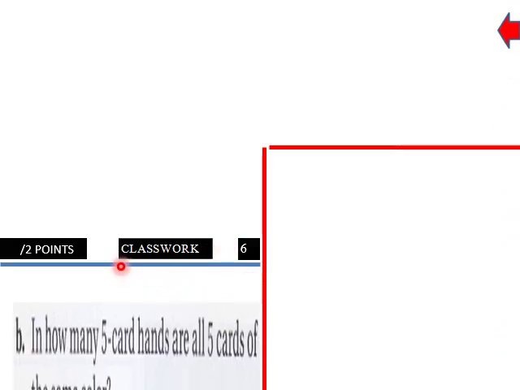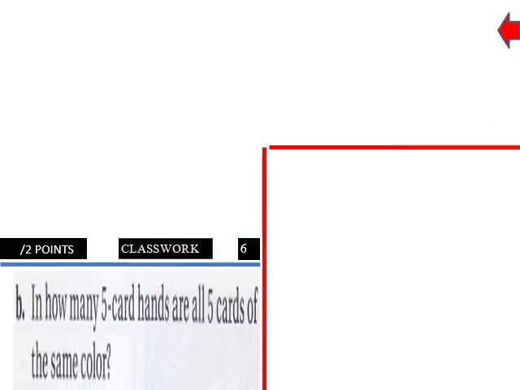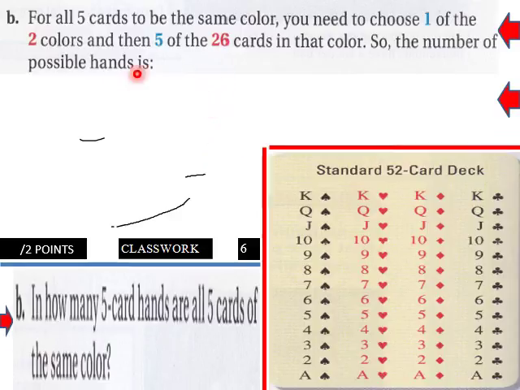Page 6 of classwork, 6.1. In how many 5-card hands are all 5 cards of the same color now? For all 5 cards to be the same color, you need to choose one of the 2 colors, and then 5 of the 26 cards in that color here.